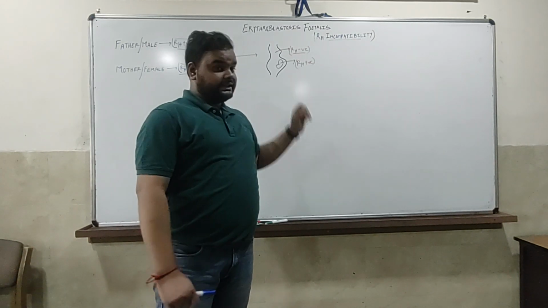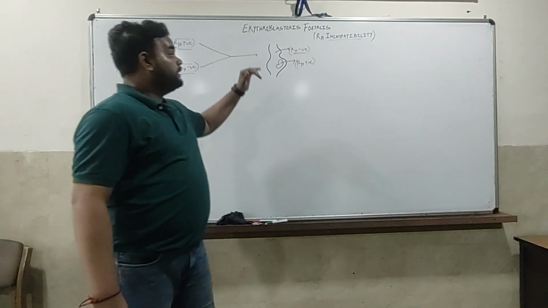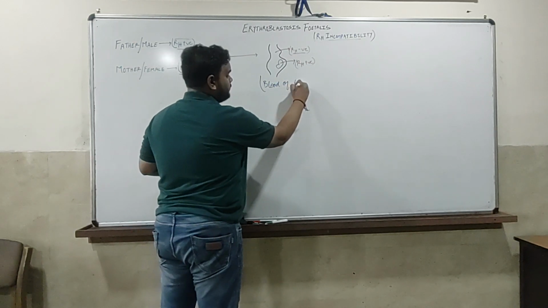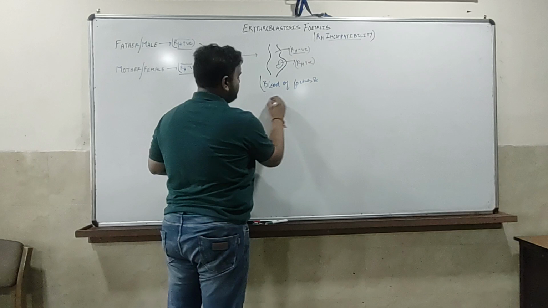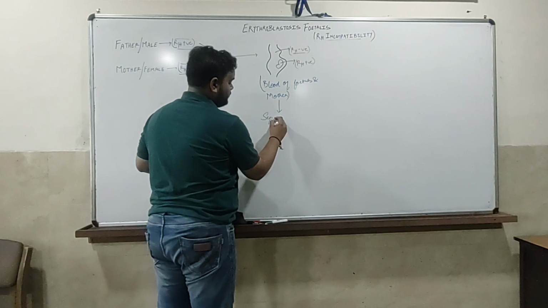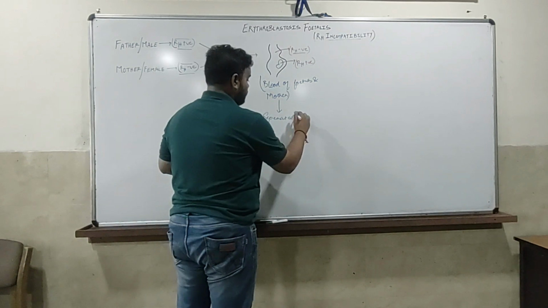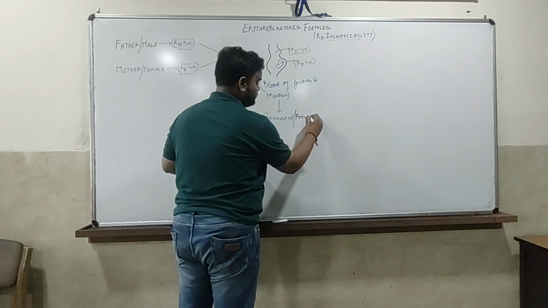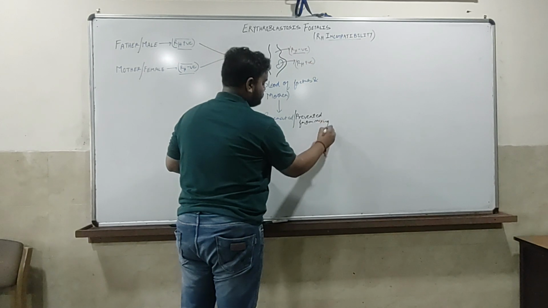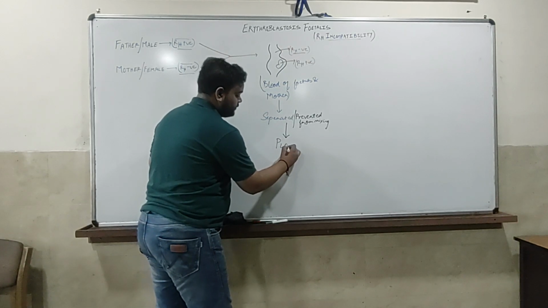But during the first pregnancy gestation period, that is the period when the fetus is developing, the blood of the fetus and mother is separated or prevented from mixing due to the presence of placenta.